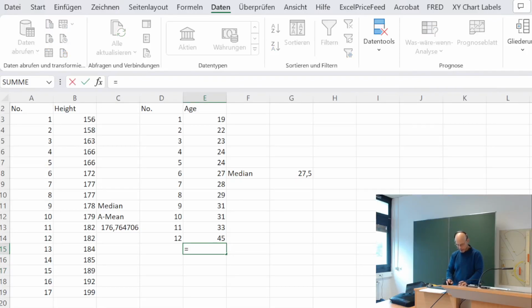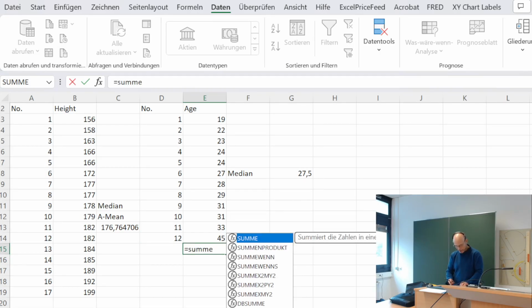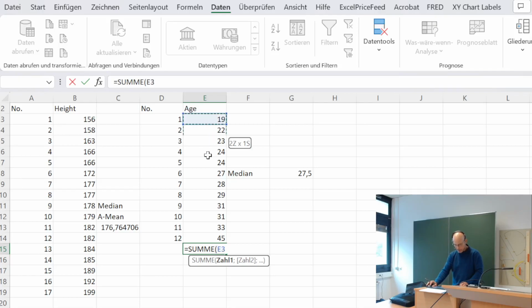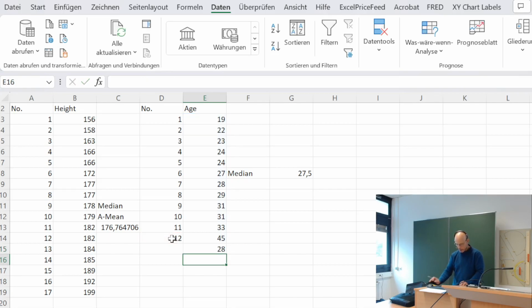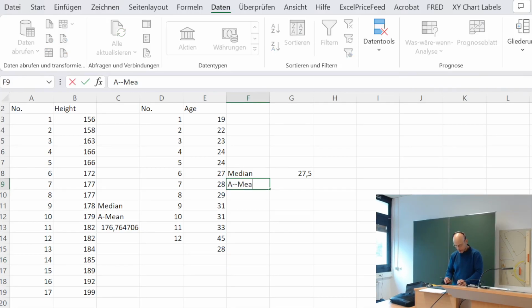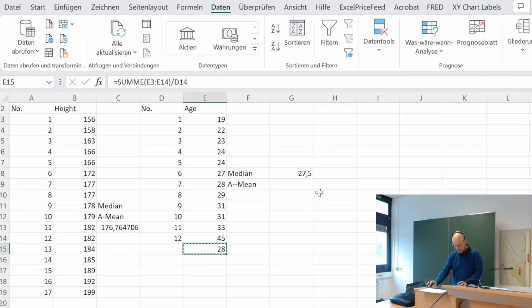Again, the same thing as here. This would be the sum of all our numbers for the age divided by 12. And the arithmetic mean is 28.